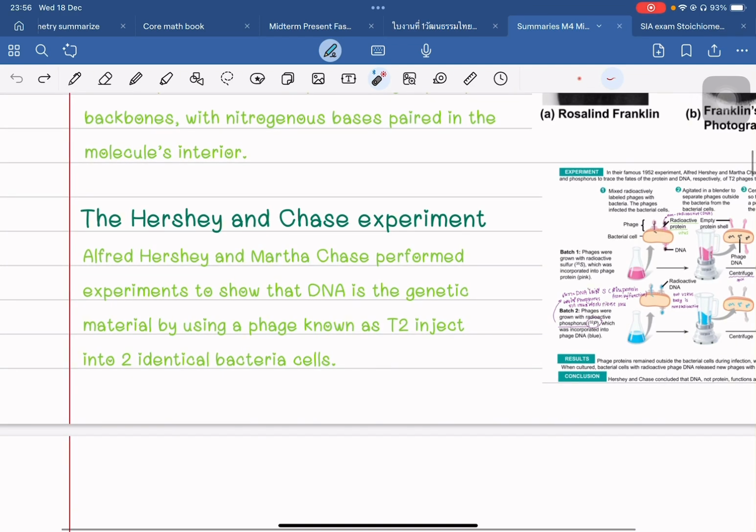The next two people are Hershey and Chase. In the Hershey and Chase experiment, Alfred Hershey and Martha Chase performed experiments to show that DNA is the genetic material, using the phage known as T2 to infect two identical bacterial cells.